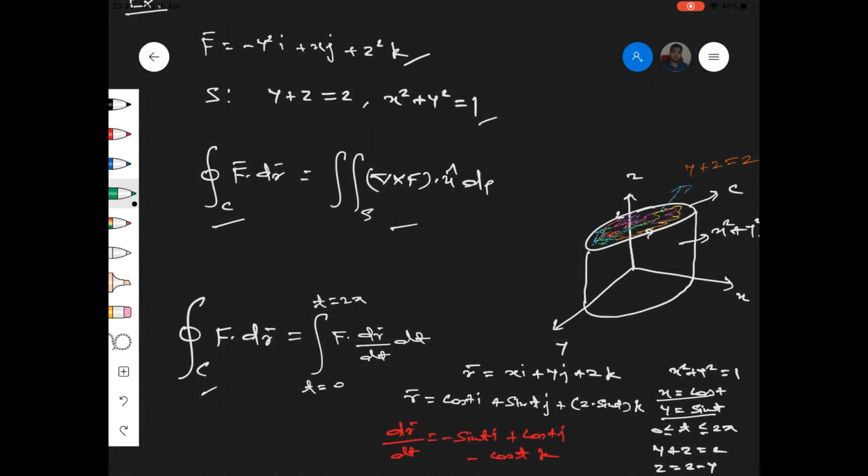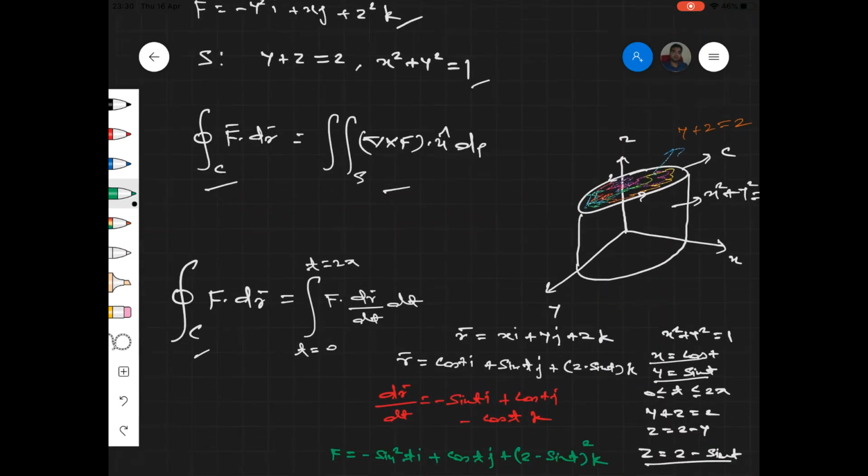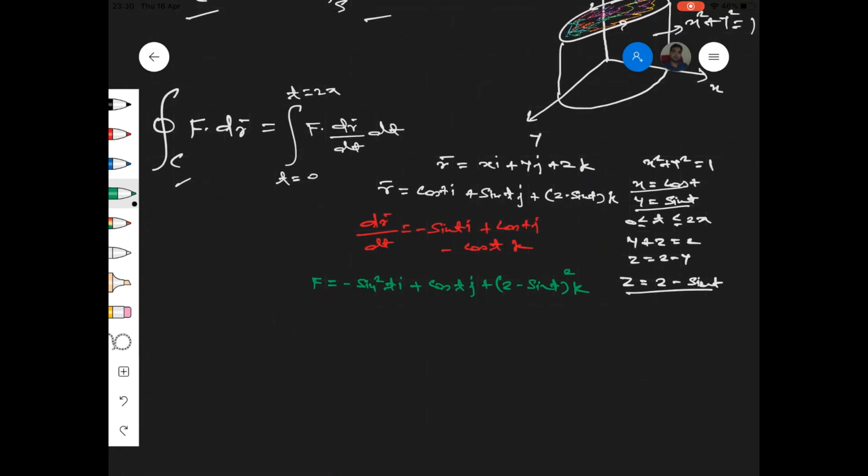Because we had the value of f as minus y square i plus x j plus z square k, we have inserted the values of x, y and z in the vector field f, and we got the same vector field in parametric form.